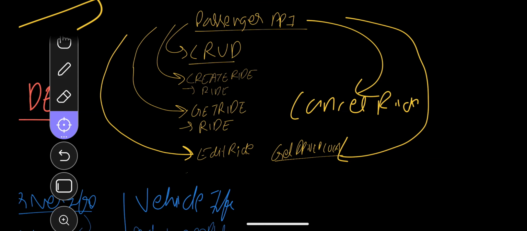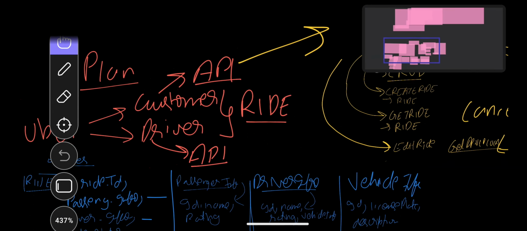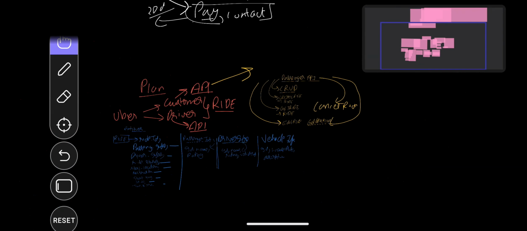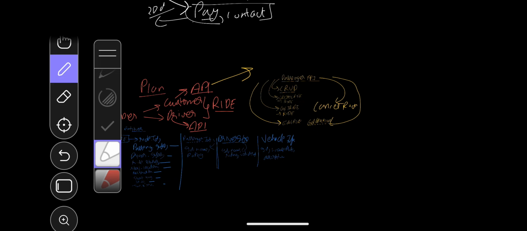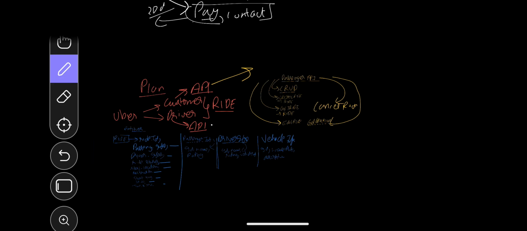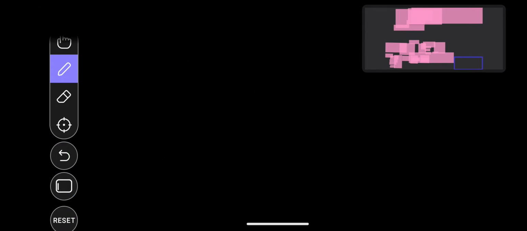Now when it comes to the second one, which is the driver API, right? We have taken all the space here, so I will just move the pen and take some space out of here, something like that. Cool. So we can move here and define the operations.